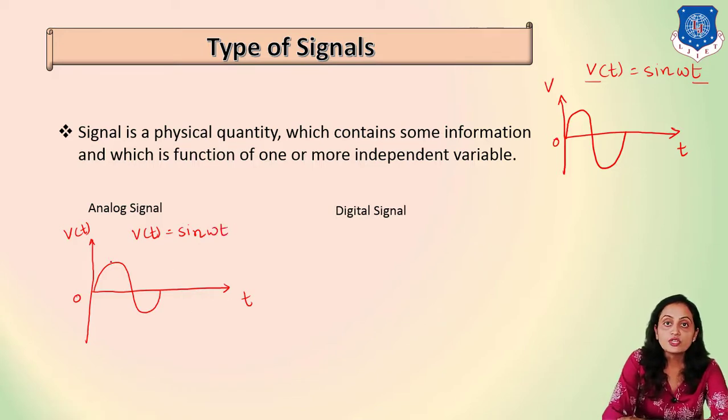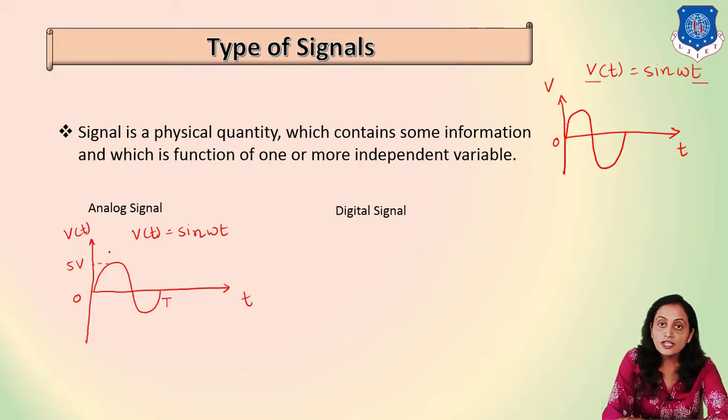Now this is a function of time, and if we see its magnitude, for example it is 5 volt and the time period t is given, then you can find this sinusoidal signal takes all the values from 0 to 5 volt. And the number of values between 0 to 5 volt is infinite.